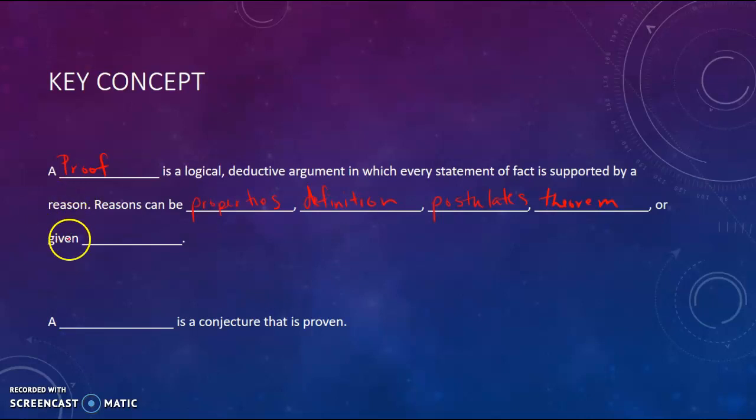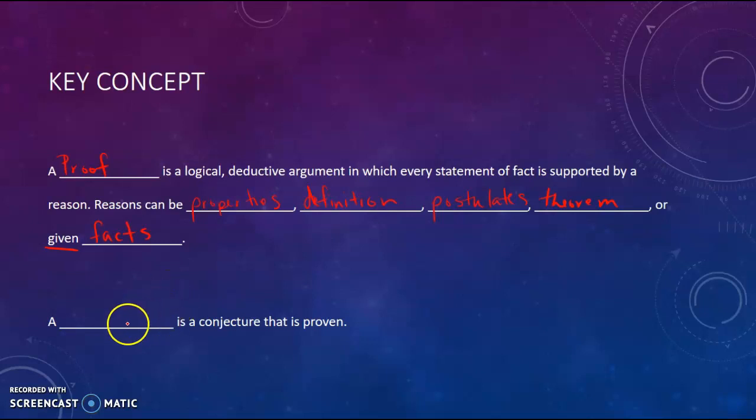And the other thing is given facts. And in a proof, you can never assume. We never make assumptions. So it's just like when we're talking about right angles. If we don't have that box telling us it's a right angle or words telling us that it's a right angle or 90 degrees, then we cannot assume that the angle is a right angle just by the look of it.